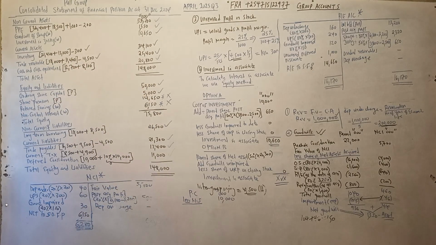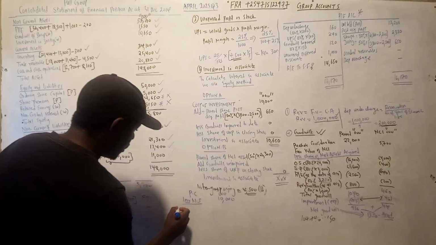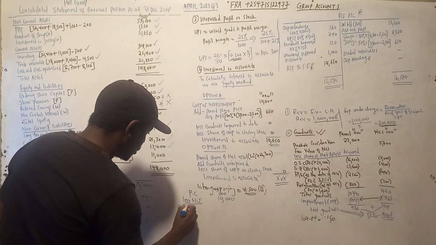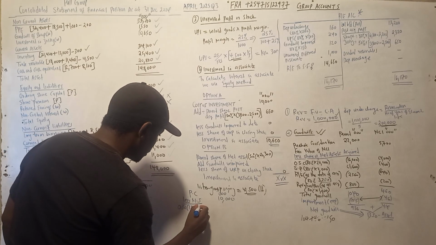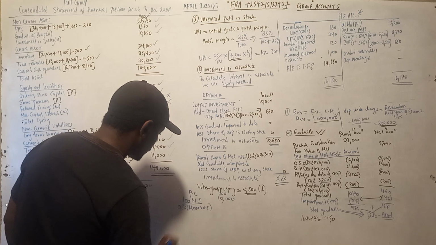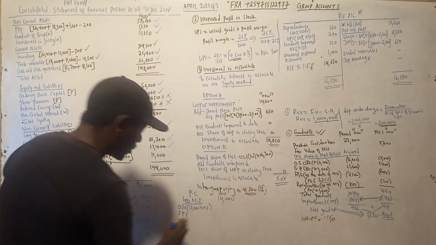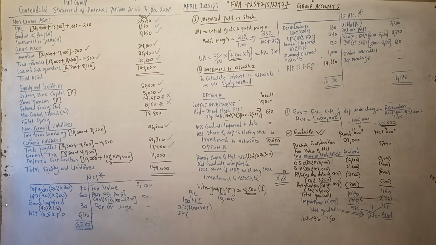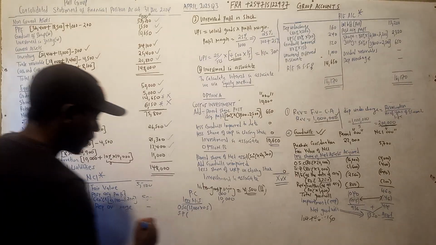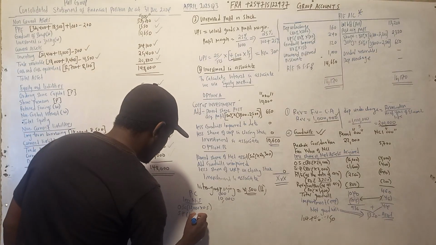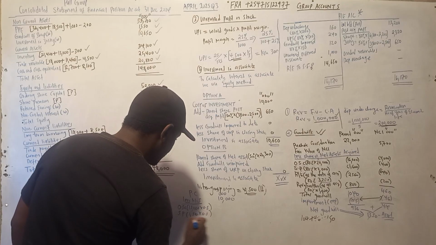Let us start with the first one, the ordinary share capital. Ordinary share capital is 15,000 times 0.5 because it is 50%. Share premium is 1,500 times 0.5.